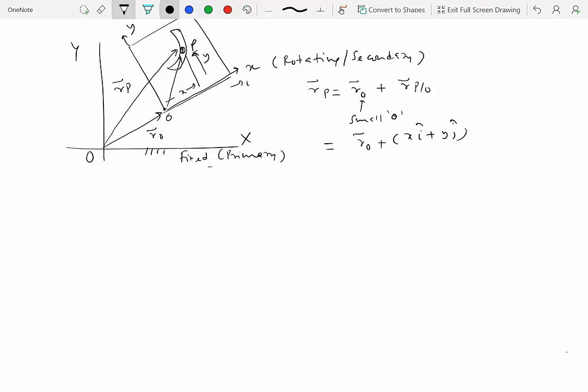So i hat and j hat are the unit vectors along small x and small y, right? And if you want to write unit vectors along this, there would be maybe capital I and capital J, okay?